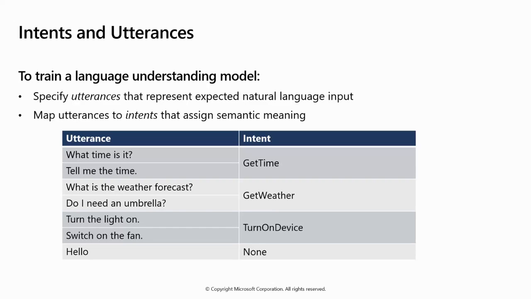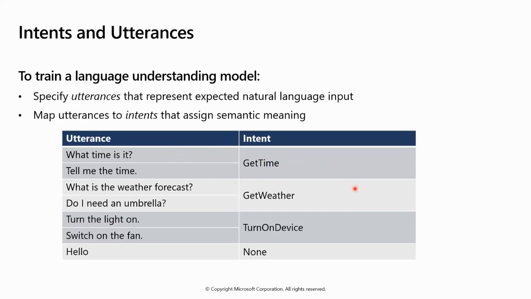Consider this list we have right here in the slide. For example, for the intent get time, we have what time is it, and tell me the time. We can also say what is the time. Okay, we have get weather, and the utterances are what is the weather forecast? Do I need an umbrella?